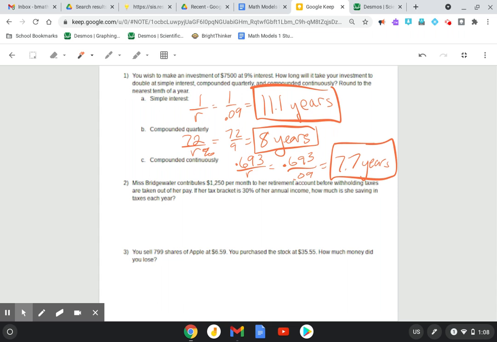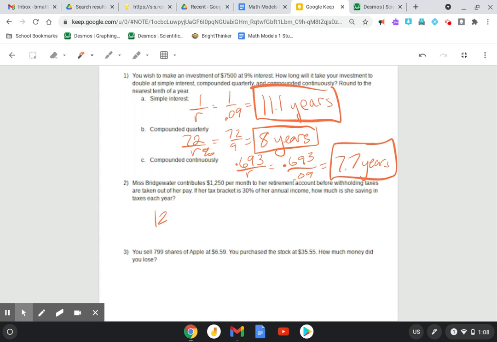All right. Ms. Bridgewater contributes $1,250 per month to her retirement account before withholding taxes are taken out. If her tax bracket is 30%, how much is she saving in taxes? The concept here is that all the money she puts into that account is not taxed. So she's saving 30% of all the money she puts into that account.